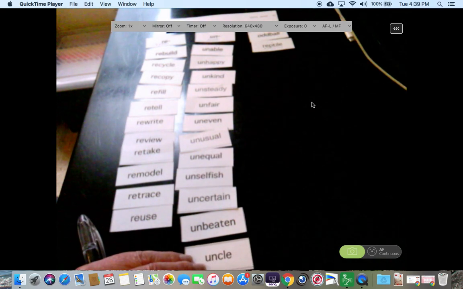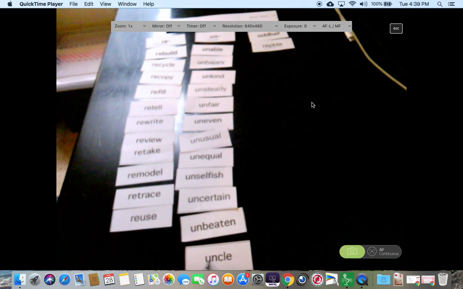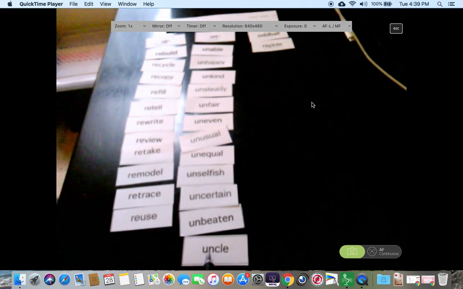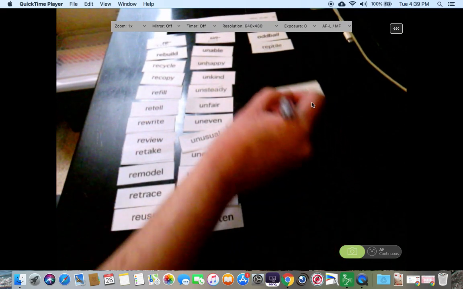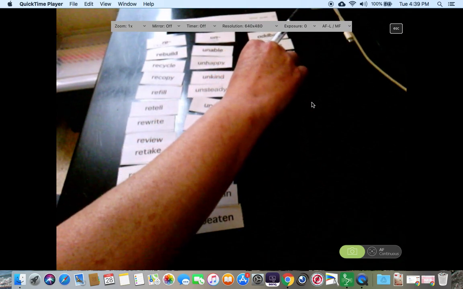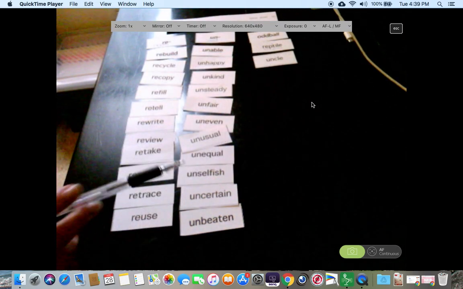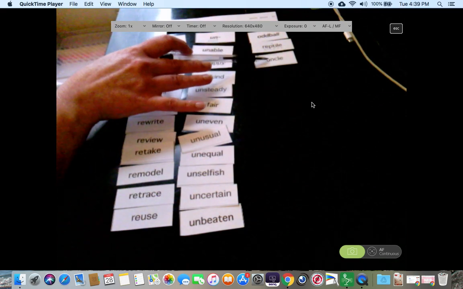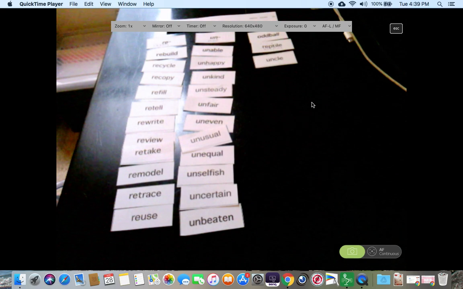So let's take a look at this next word. Ungoal. Ungoal. Not goal? That doesn't make sense, does it? Nope, and you're right. If you put that under oddball, you are correct. Because, just as we mentioned before with reptile, just because the word starts with those letters, UN, does not necessarily mean that the UN is being used as a prefix.